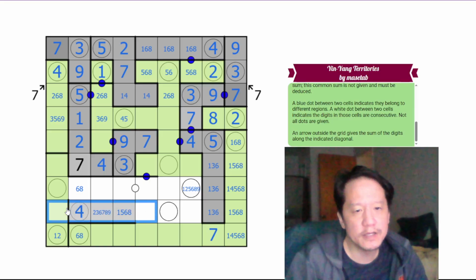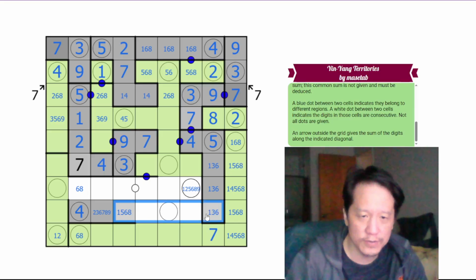If we end here, we are guaranteed... We have to orthogonally connect to the shaded cells. So we would have to orthogonally connect either this way.